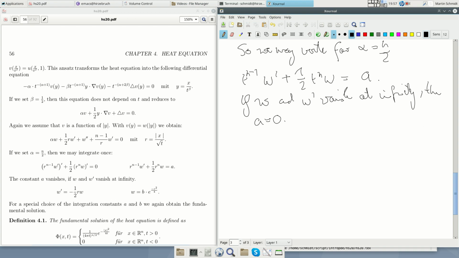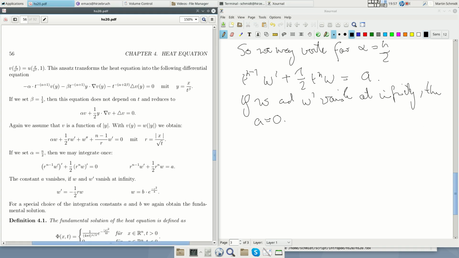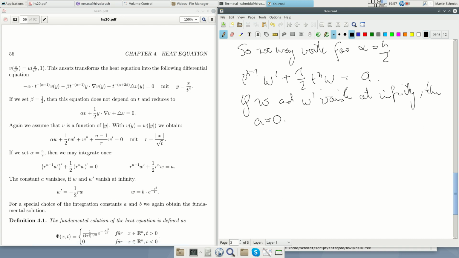And then we can simplify, because this means v prime is equal to minus r/2 w. Yeah, so this is then our solution.